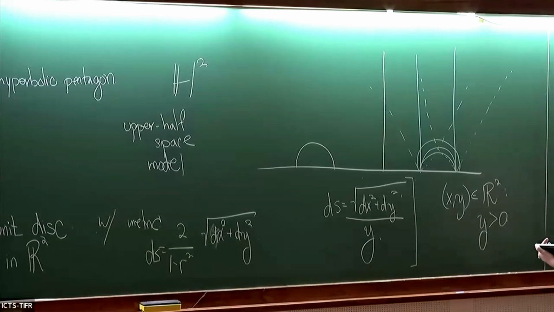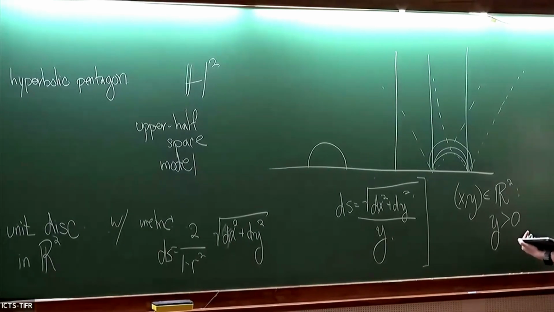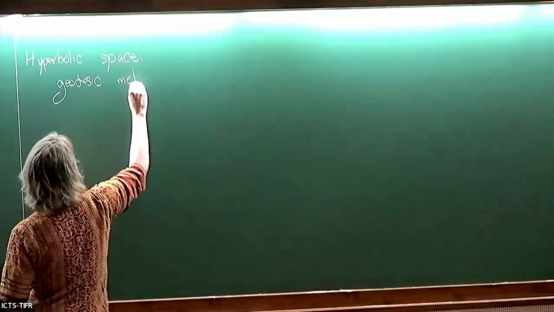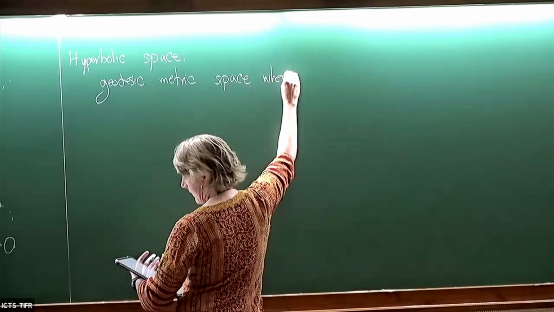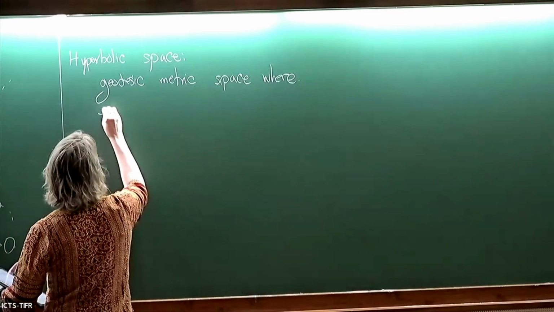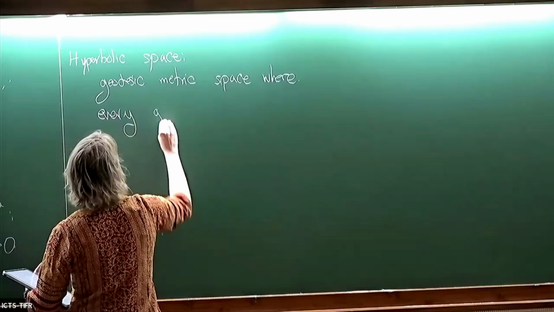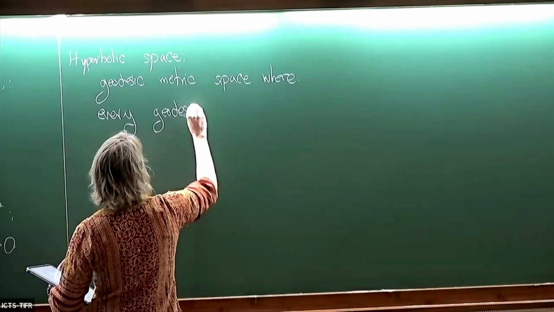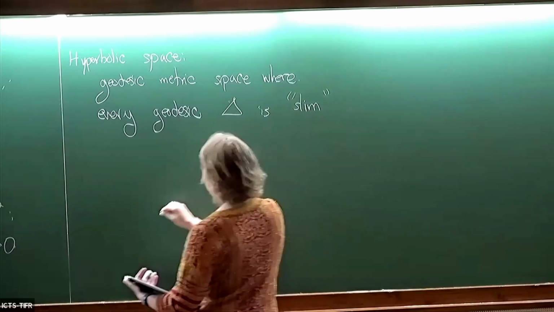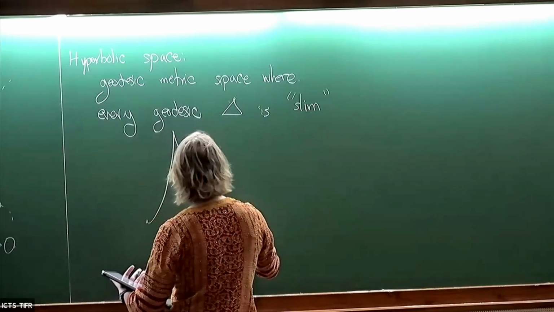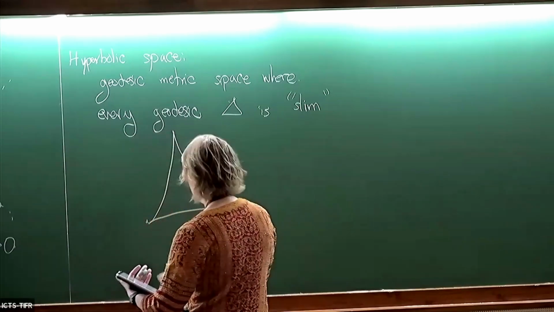So hyperbolic space is a geodesic metric space where every geodesic triangle is slim.